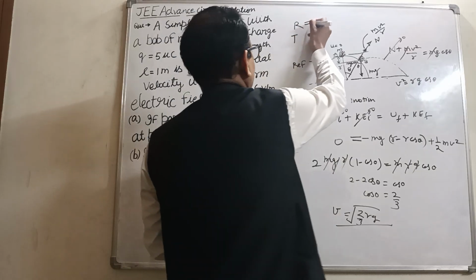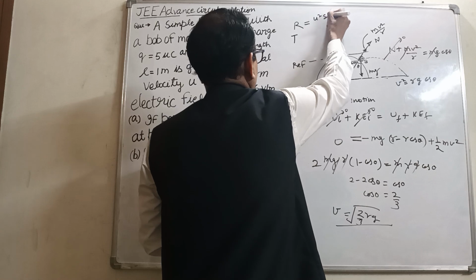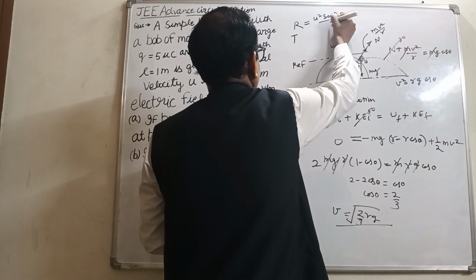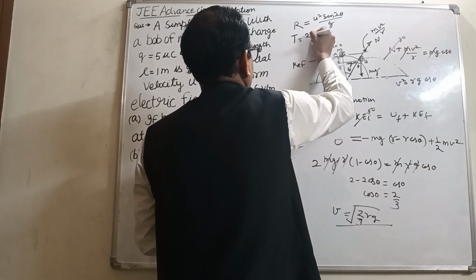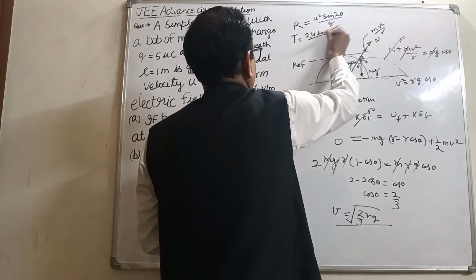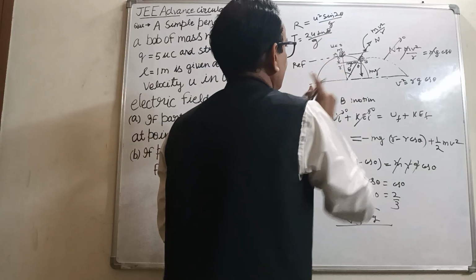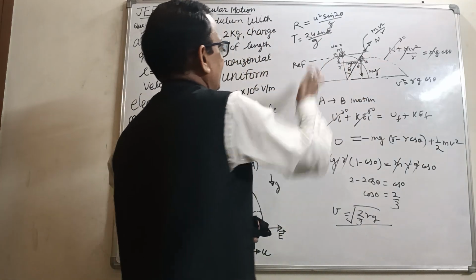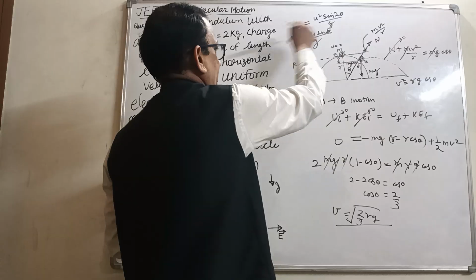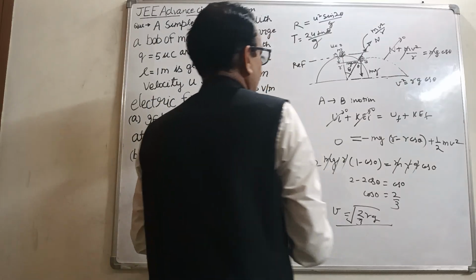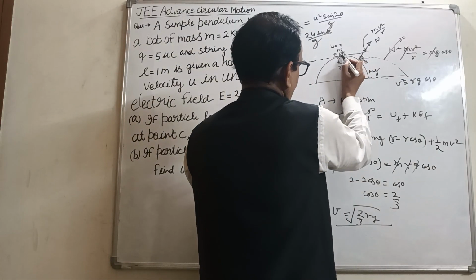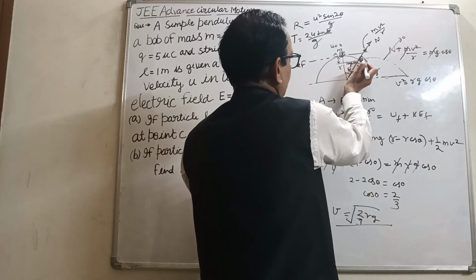So we find the range is equal to u square sin 2 theta over g. This is the range. This is the time period, 2u sin theta over g. So we calculate the time period and range by applying this formula and putting the value. Easily we get it. So here observe the motion from A to B.